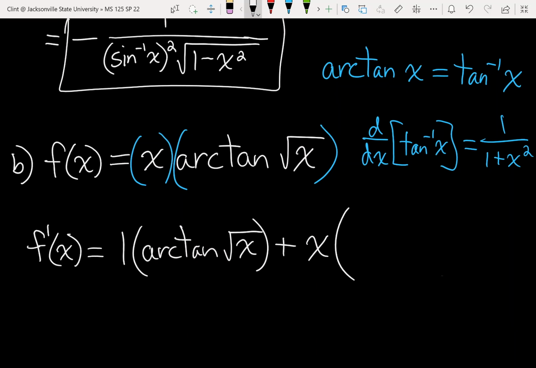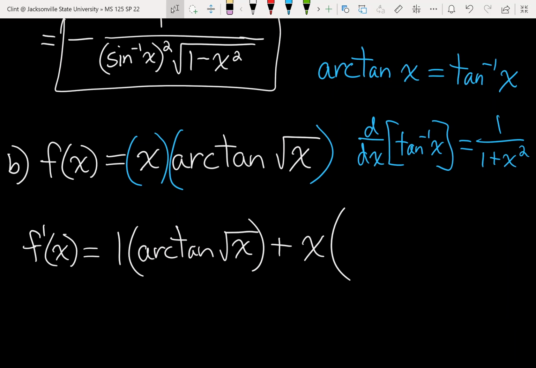So fun times, right? So we could rewrite this as x to the 1/2. We don't need parentheses. Then we're filling into our inverse tangent derivative.